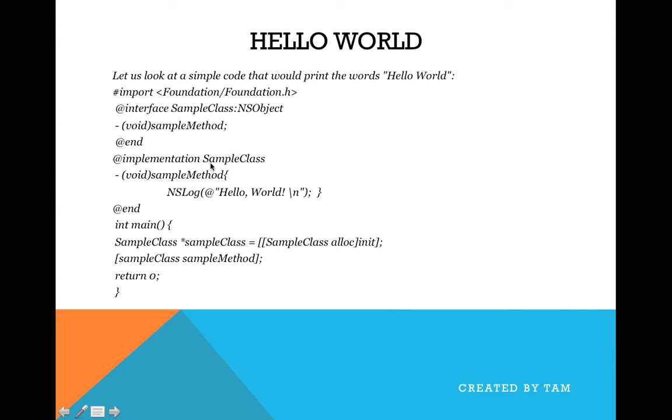Add @implementation SampleClass, then - (void)sampleMethod, and here NSLog(@"Hello World"), at end, then int main, SampleClass alloc and init, sampleClass sampleMethod, return 0. Now I am going to explain line by line what all this means.